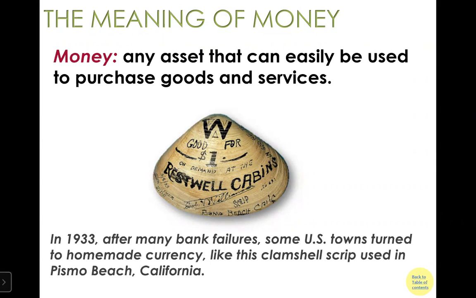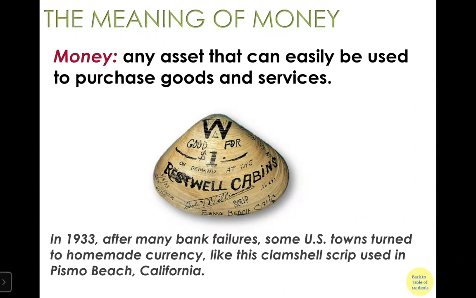All right. So in this background picture, this is a particular form of money. This is probably different from what you think about, right? In this background, we show a piece of money that was used in history. In 1933, after the Great Depression, and also during the Great Depression, we had lots of bank failures.